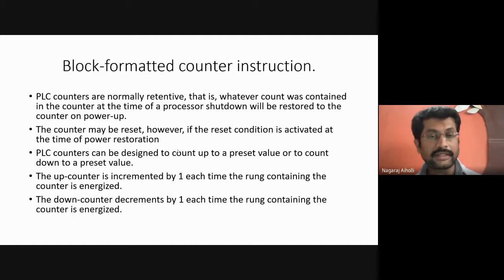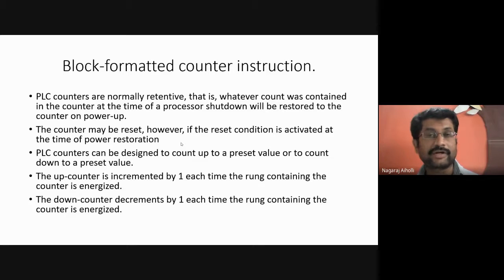The up counter increments by 1 every time the rung containing the counter is energized. Every time the condition for the rung goes from false to true, the up counter is incremented by 1. What about the down counter? Don't think that for the down counter the rung condition will go from true to false.